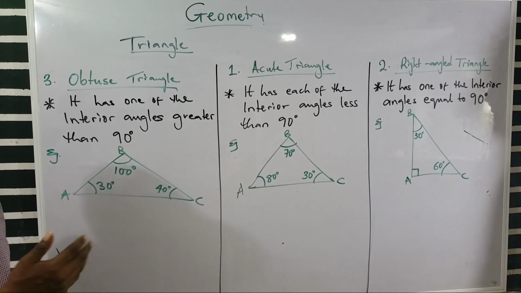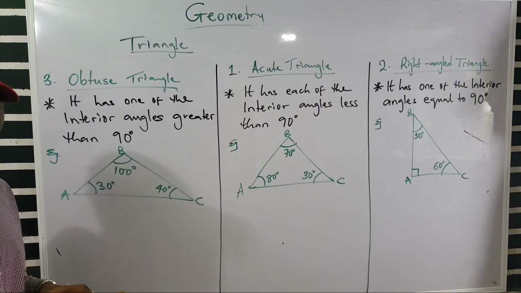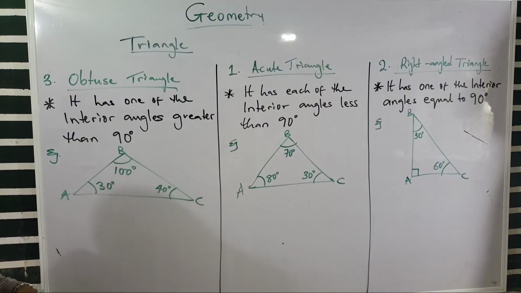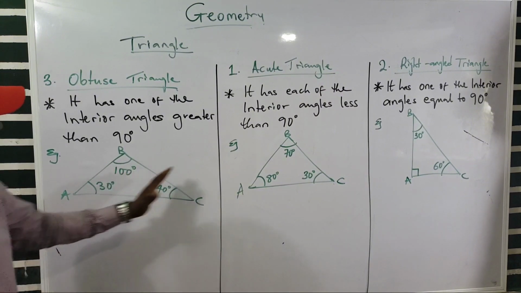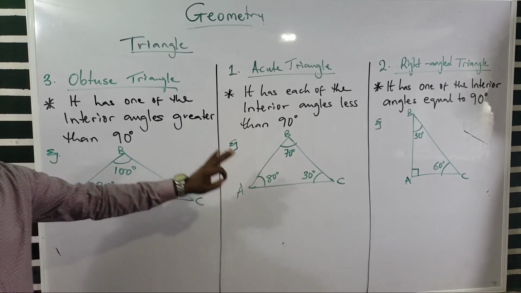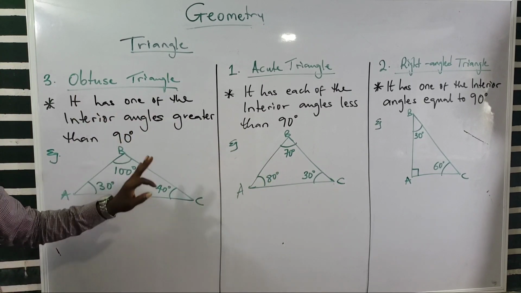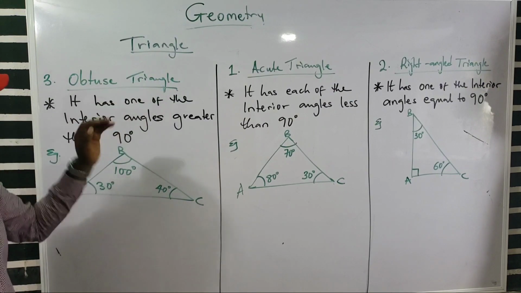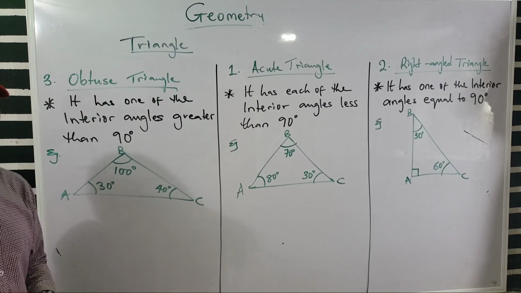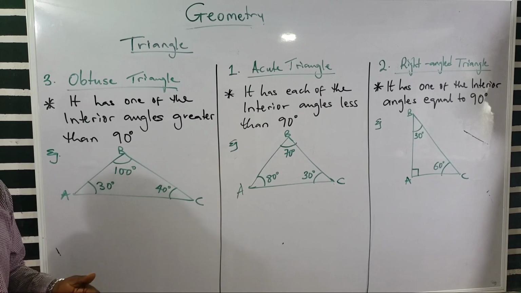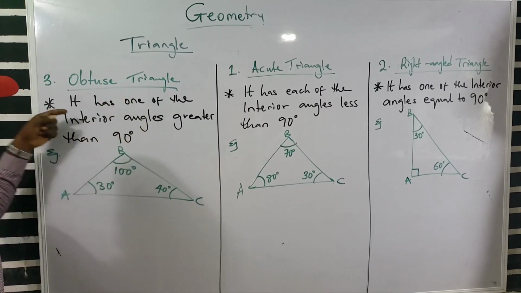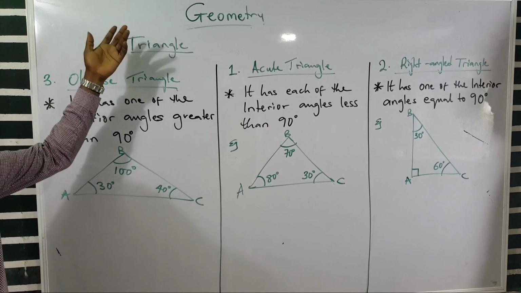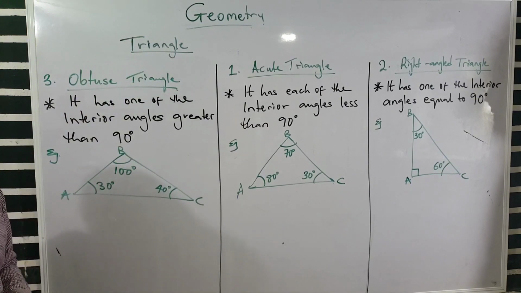We are talking about the equilateral triangle, the isosceles triangle, and the scalene triangle. Being triangles, they all possess the three general properties of a triangle.